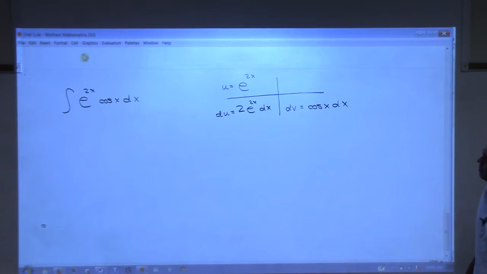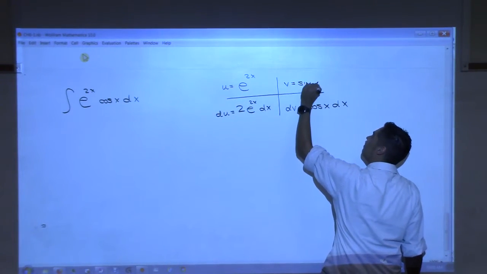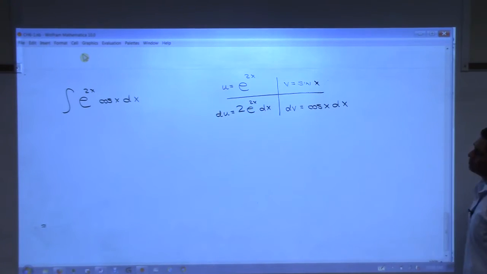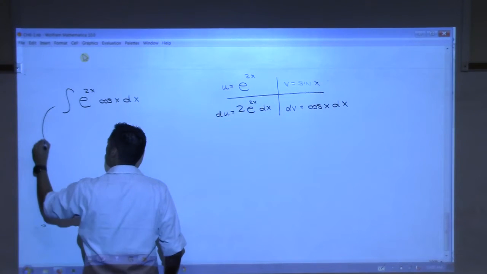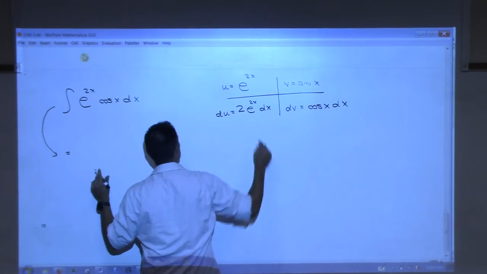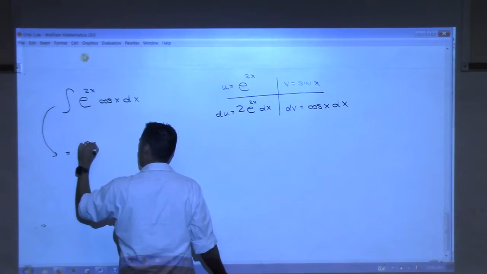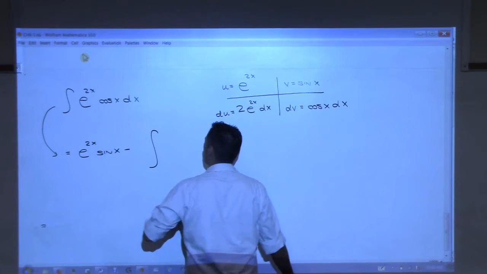And then the antiderivative of cosine x dx is just sine x. So according to the integration by parts formula, this will be uv, these two, right? So e to the 2x sine x minus, a little bit of a space there, integral.